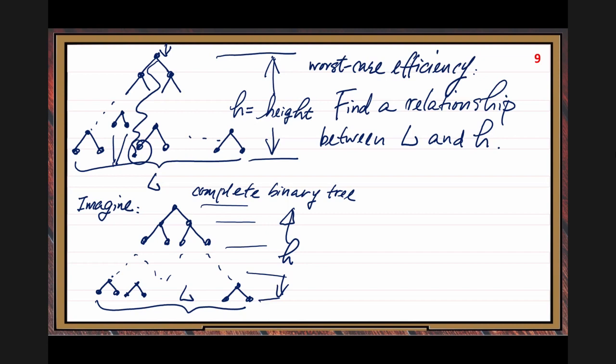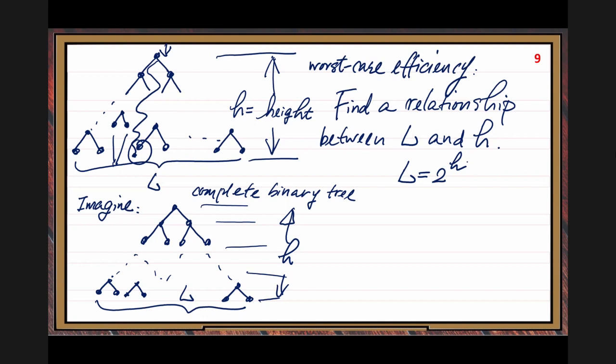For height h, the relation between L and H is L equals 2 to the power of H for the complete binary tree.